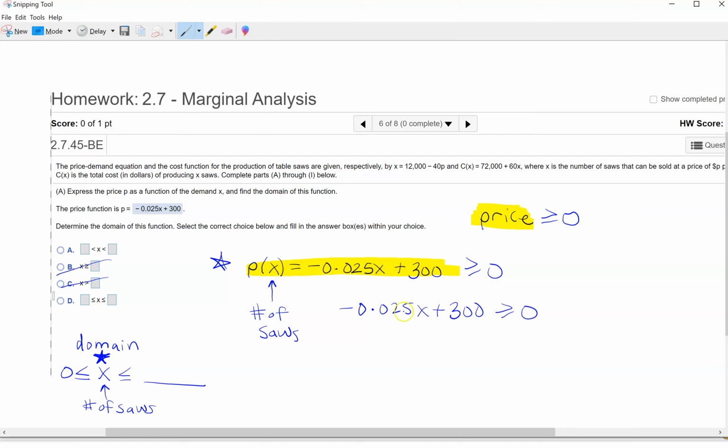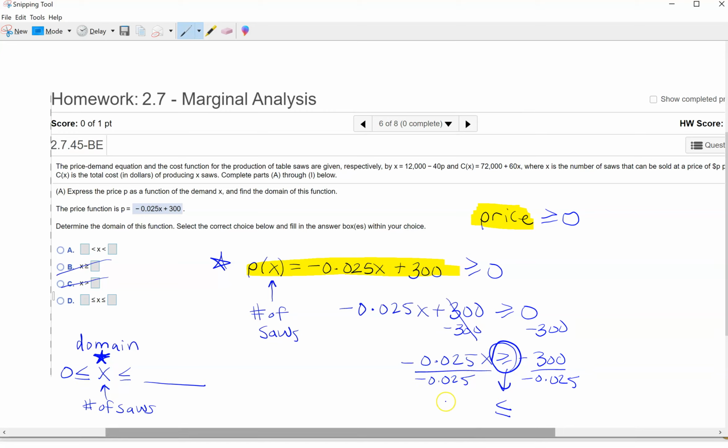So my X expression there, greater than or equal to 0. So I'm just going to subtract 300 on both sides. Okay, I get negative 0.025x greater than or equal to negative 300. And I divide both sides by that negative decimal amount. And you have to remember from algebra, when you divide both sides by a negative number in an inequality, it flips the direction.